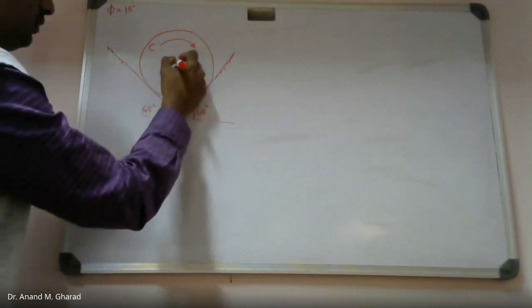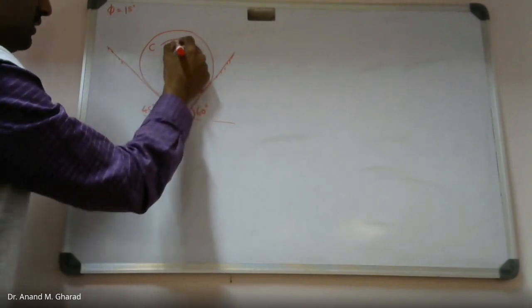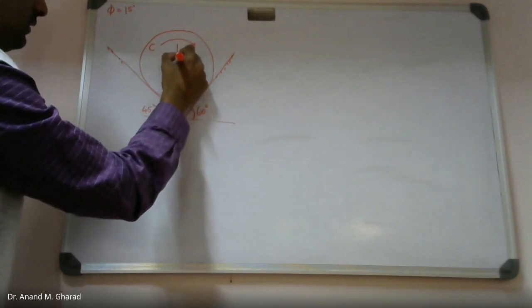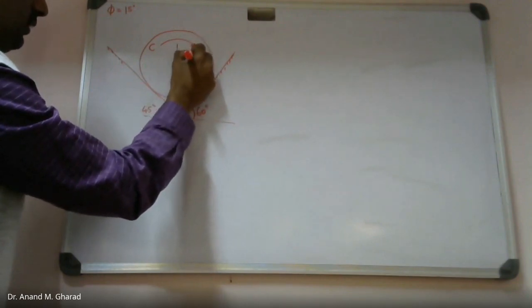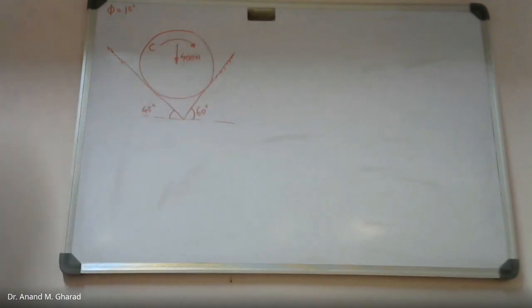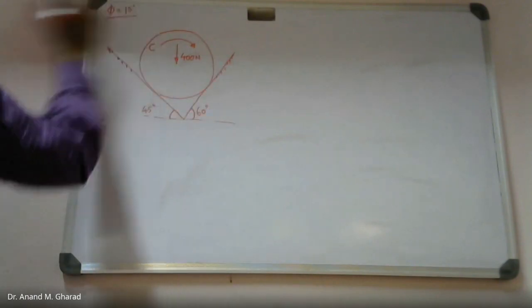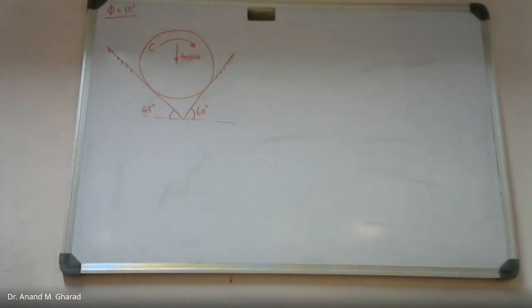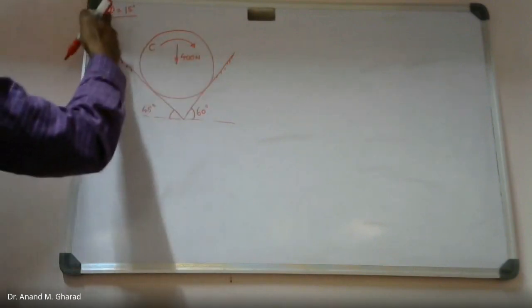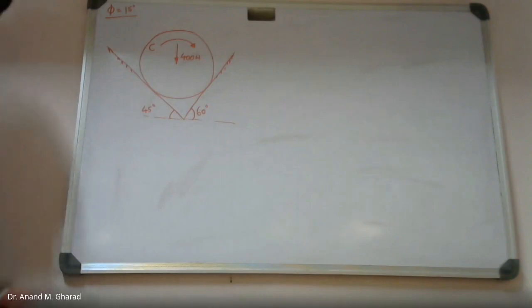Now there are a few more things which are given, that is the self weight of the cylinder. This is 400 Newton. Okay. These are two rough surfaces. Being rough surfaces, the angle of friction is also given, and both the surfaces have got the same angle of friction.